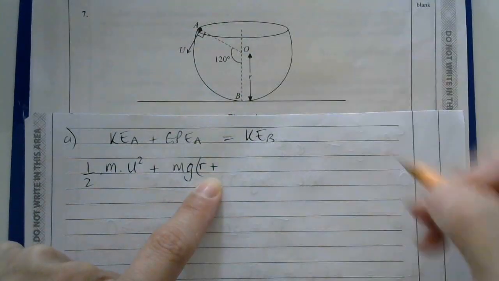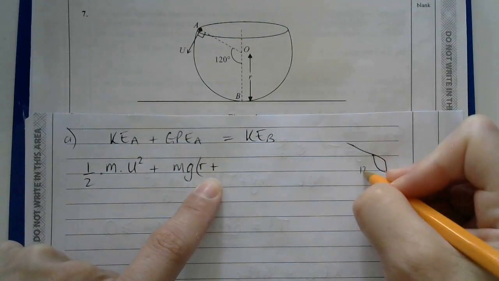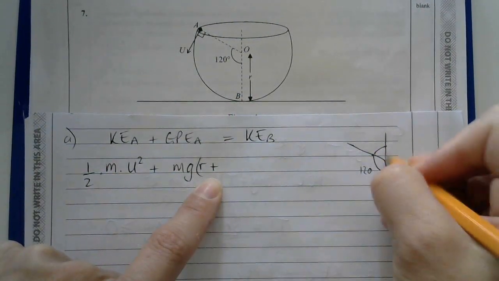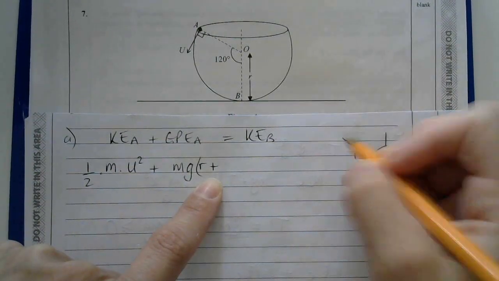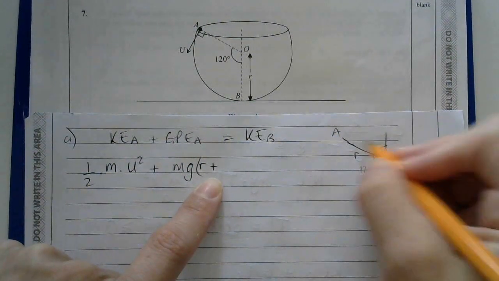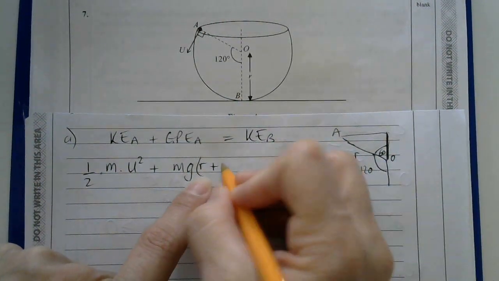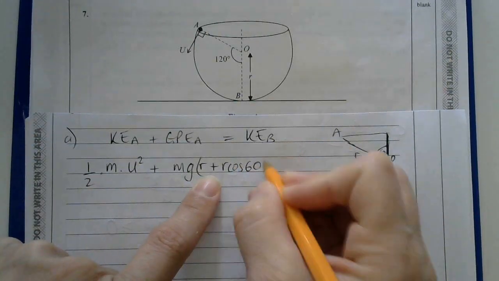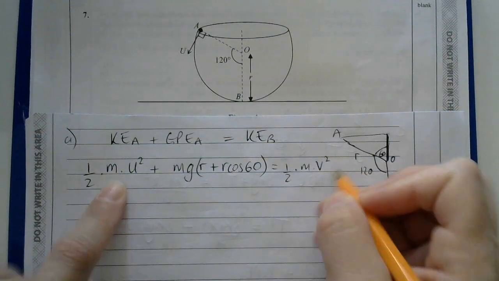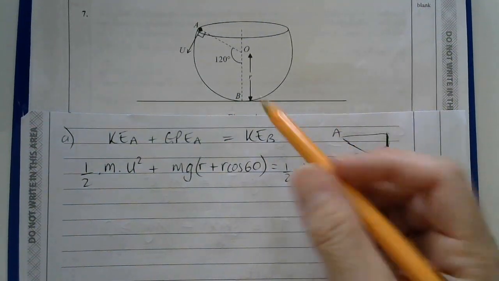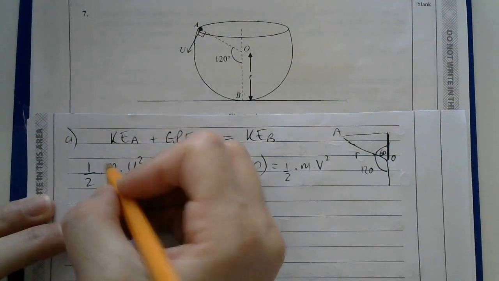this part here. So if I've got that this is 120, then I know that this part here is 60. I know that this length here is r from O to A, and so therefore this height here will be r cos 60. And that will equal half times the mass times v squared, where I'm letting v be the speed at B. So first of all I can see there are m's everywhere, so I can cancel.